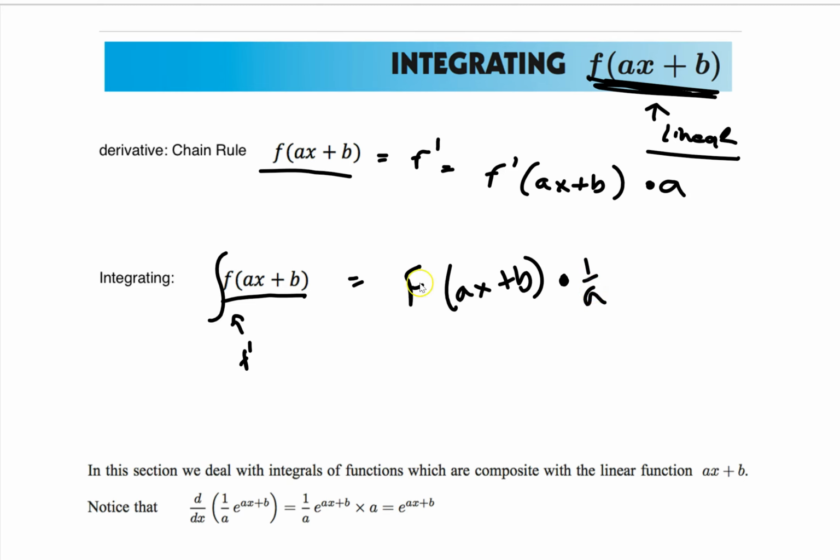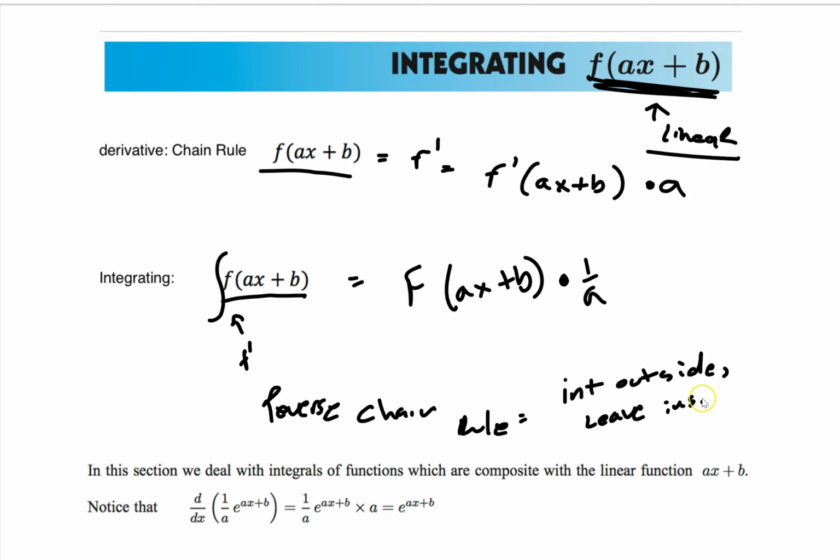So that's the idea. So reverse chain rule is you integrate the outside, leave the inside alone, and then divide by the derivative inside.